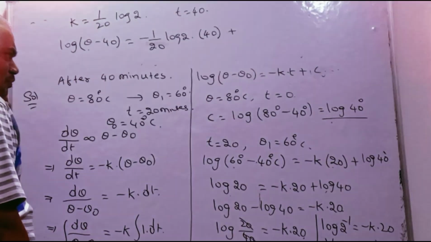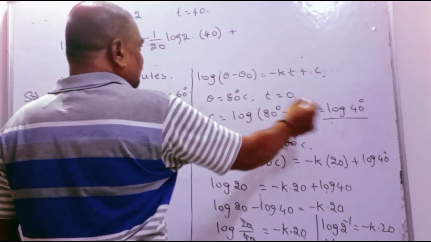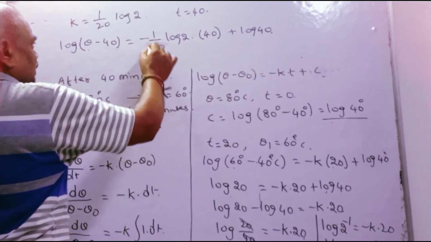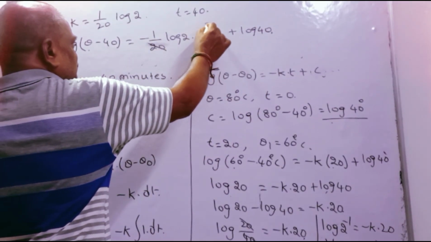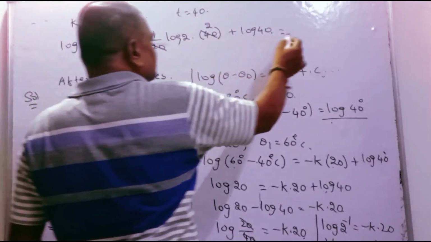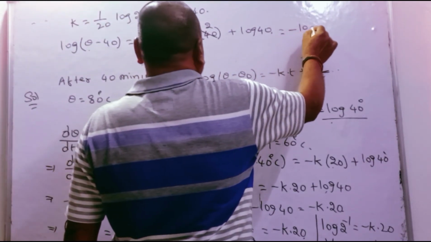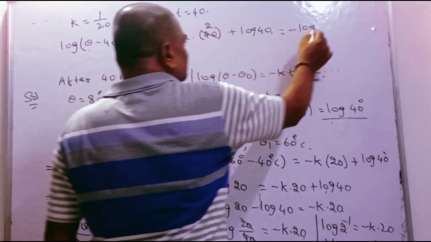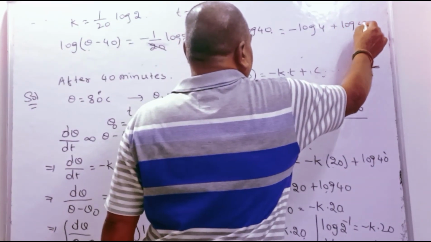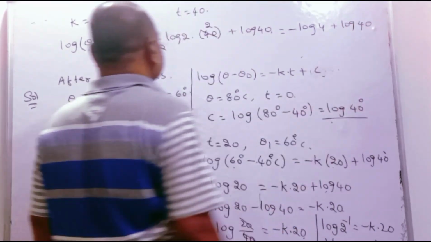The c value is log 40. This can be written as minus log 2 into 2, which is log 2 power 2, that is log 4, plus log 40.